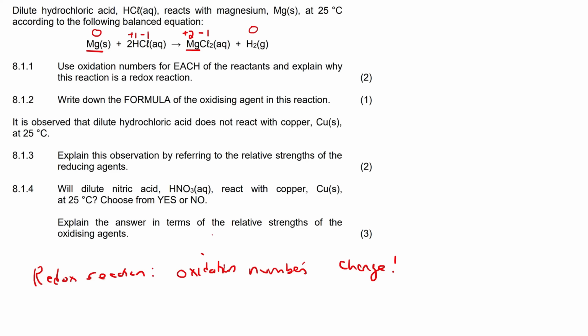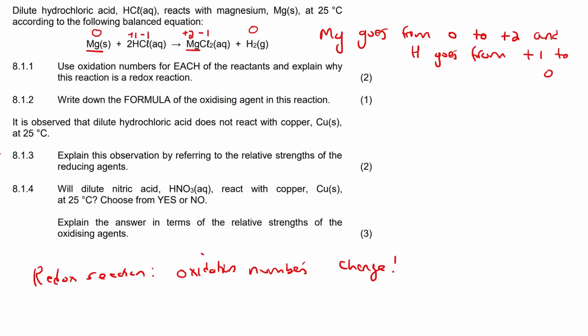So to answer this question, explain why this is a redox reaction, we can say that magnesium goes from 0 to positive 2, and hydrogen goes from positive 1 to 0.